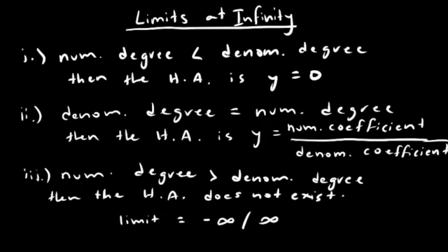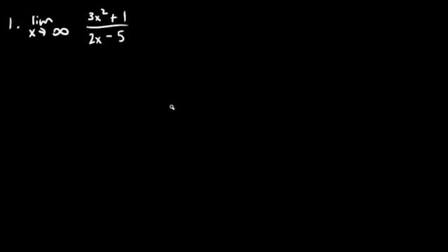So let's go to our first practice problem. This question is saying, find the limit of 3x squared plus 1 over 2x minus 5 as x approaches infinity, right? And we can use a rule where it says that the numerator degree is greater than the denominator degree because in 3x squared, the 2 is greater than the 1.